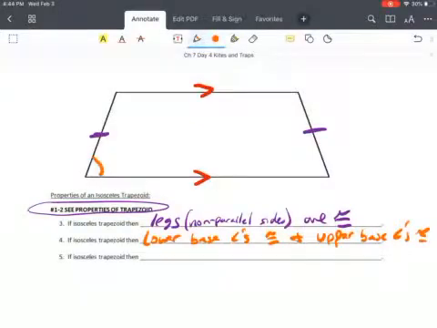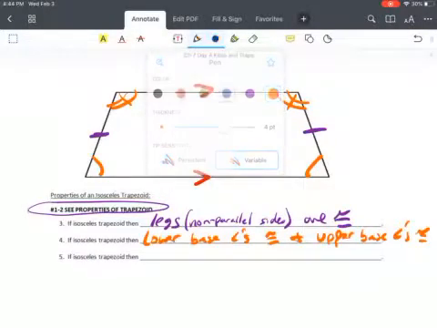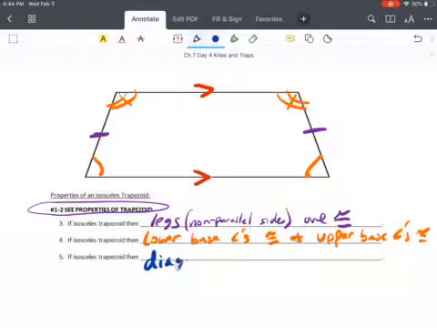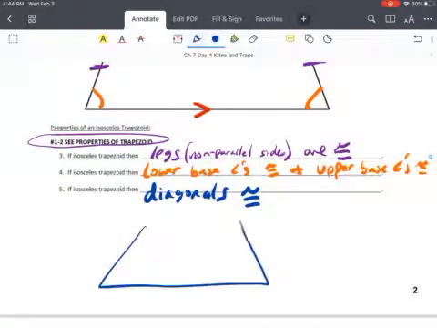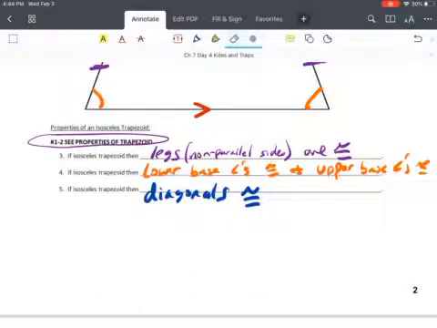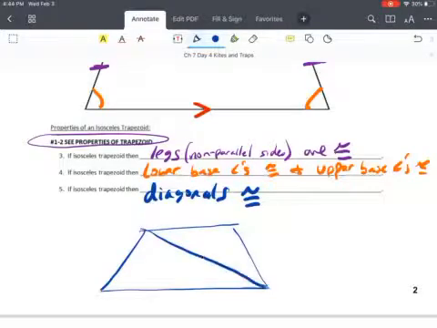So the two angles on the bottom would be congruent to each other, and also the two angles on the top would be congruent to each other. And then the last property deals with diagonals, and the diagonals are congruent to each other. So when I draw in my diagonals in my isosceles trapezoid, it breaks up into two pairs of congruent sides.